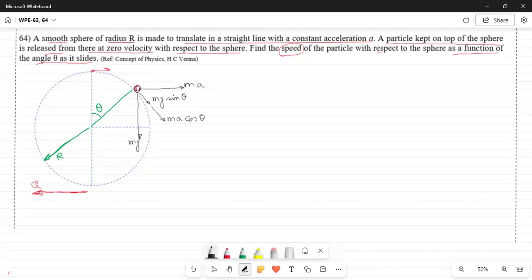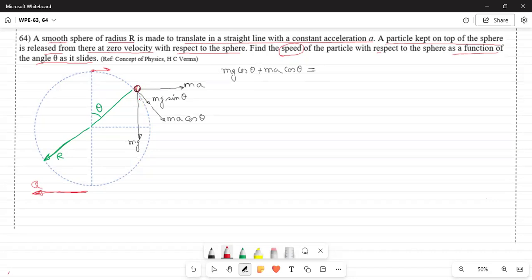So what are the forces in the tangential direction? mg sine theta and ma cos theta. Let us write here: mg sine theta plus ma cos theta. These are the causes. And what is the result of this cause?